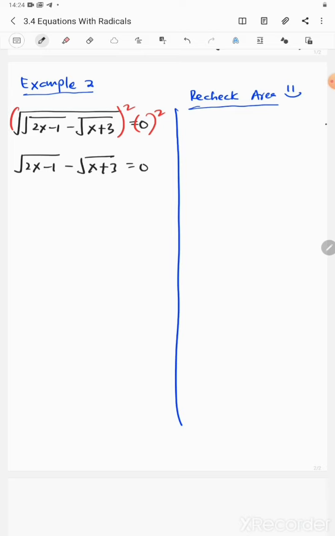Now we have to square once again because here we have a radical sign again. But before we square, you have to make sure that we have only one term at the left side and another term at the right side. So there will be square root of 2x minus 1 equal to square root of x plus 3.